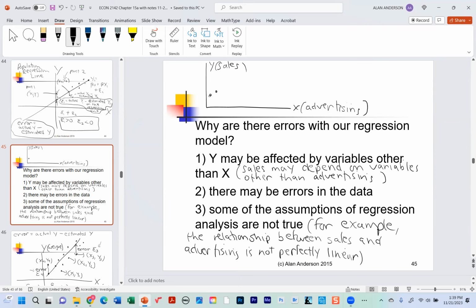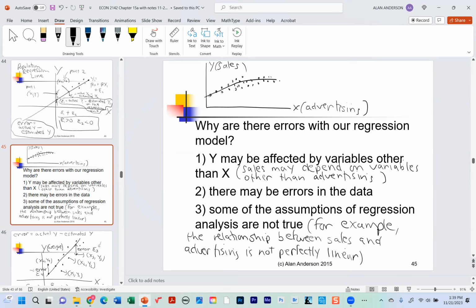But when advertising gets to a certain point, it has a progressively smaller impact on the sales. In other words, there's a saturation effect. When people see certain commercials on TV too often, they start to tune it out. And so that means that the line could start to flatten out after a while. Then it's not really linear anymore, is it?